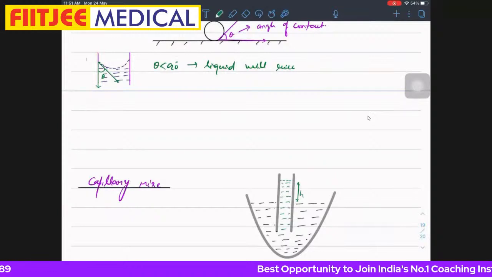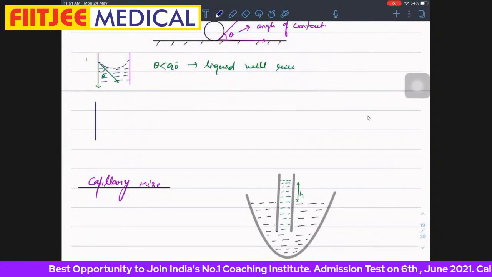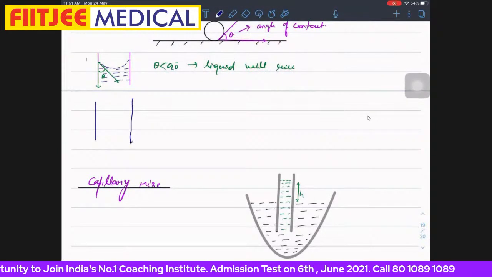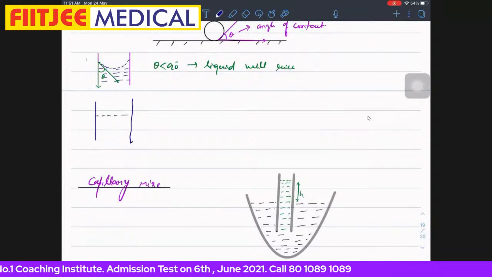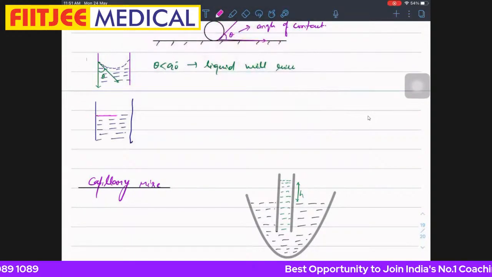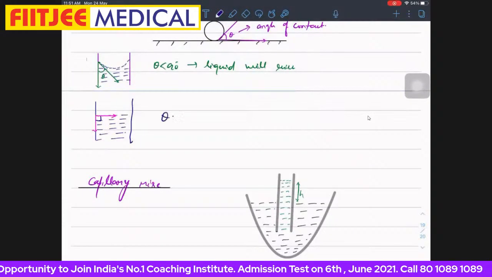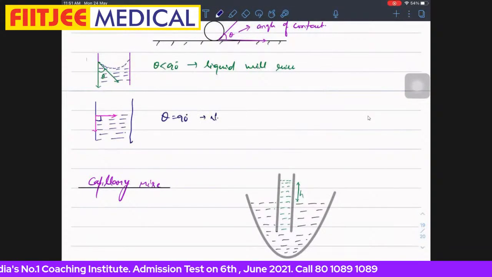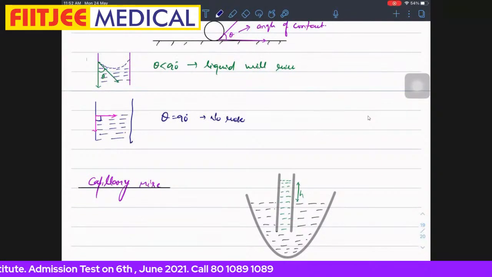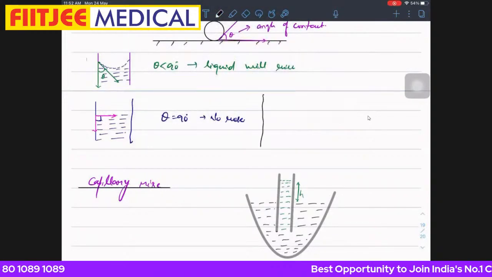Sometimes the same theta will be zero also. When the contact angle is 90-degree, what happens? There won't be any rise in the liquid. Theta equals 90-degree, no rise. But if theta value is greater than 90-degree, what will happen?